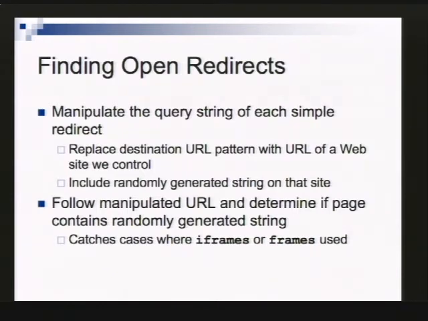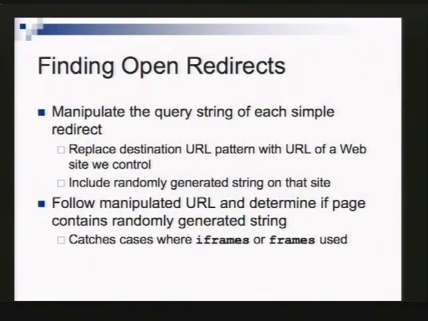Now, given a URL, we came up with very simple ways of determining whether it is a redirect or not. But not all redirects are open. So how are we going to find out if a particular redirect is open? So what we do is we look at the query string portion of the URL and we replace the destination with the destination we control.